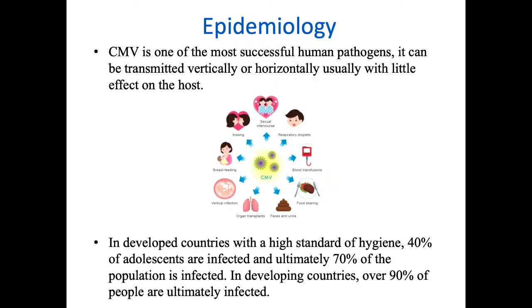Horizontal is from one person to another, either through respiratory droplets or whatever, but vertical transmission is from mother to child, from one generation to another. Thank you.